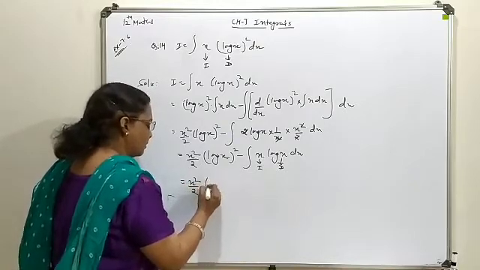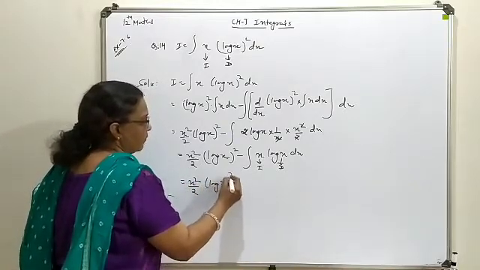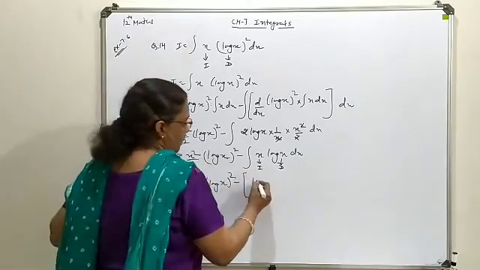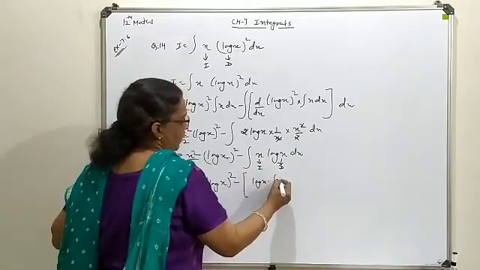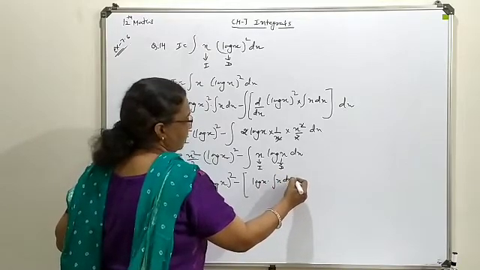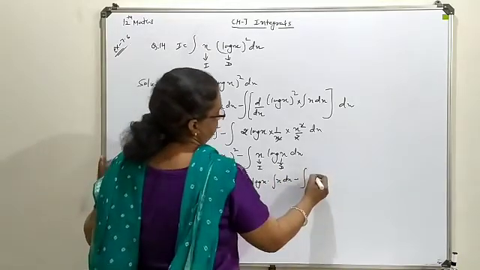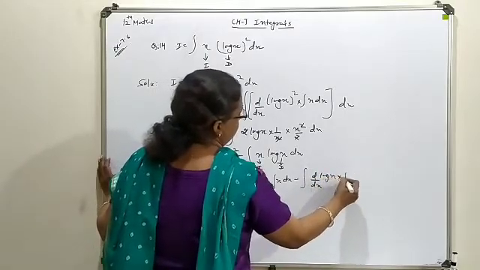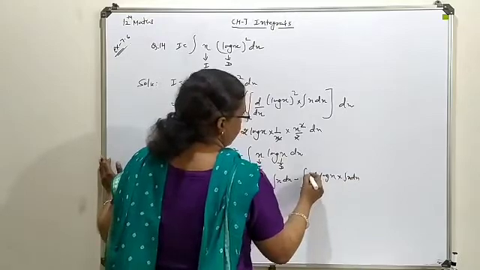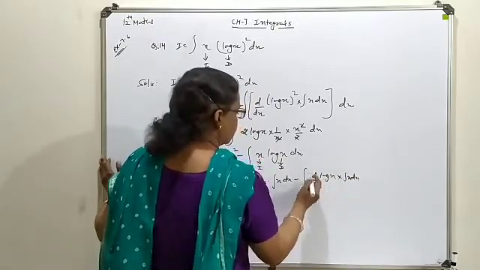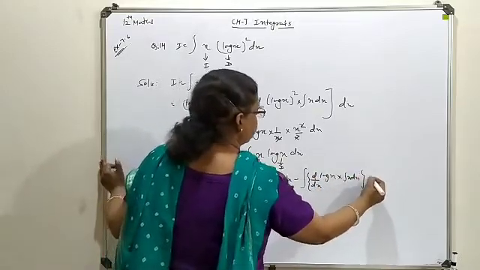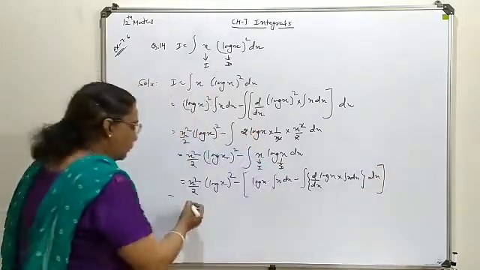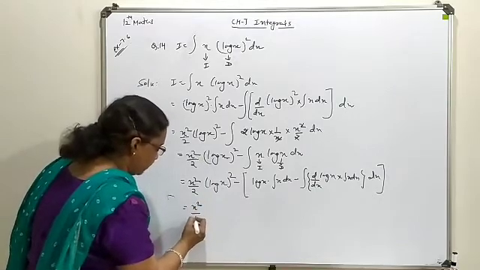Keeping this one as such, minus log x kept as such, integration of x, minus integrating sign, differentiation of log of x into integration of x dx. Implement differentiation or integration whenever it is required.